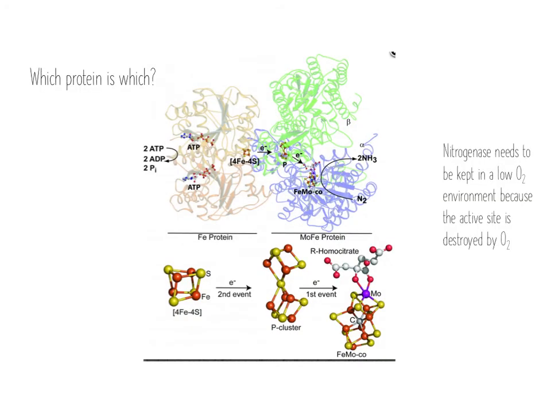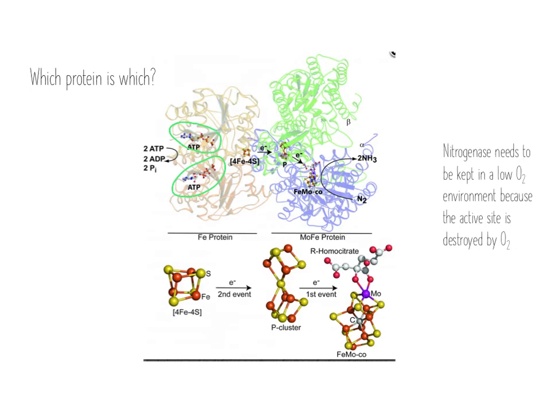So this is another view showing the reductase and the dinitrogenase together, and also showing some of the components that I described above, where the reductase has 2 ATPs that it binds every time and hydrolyzes every single time.